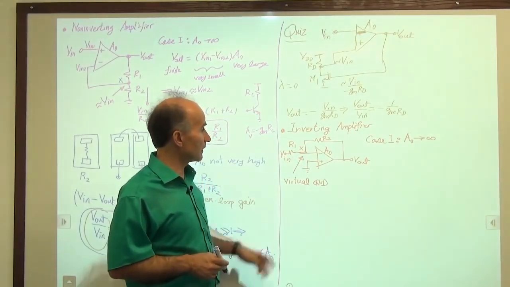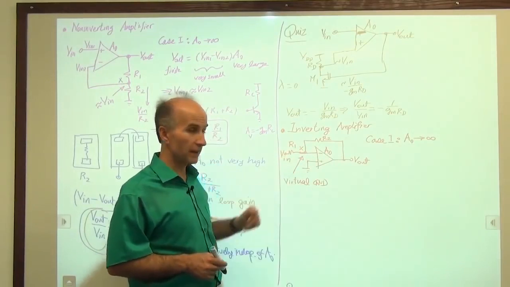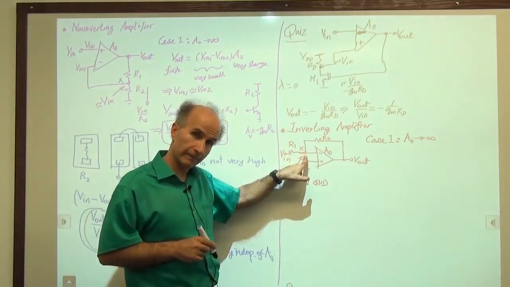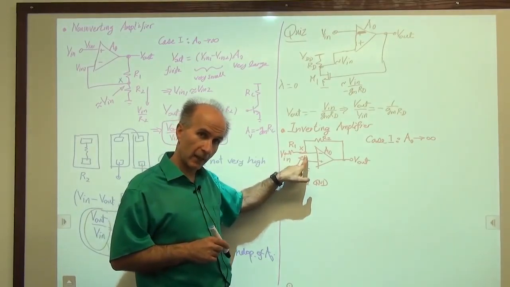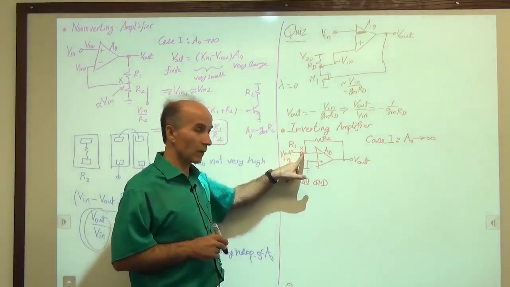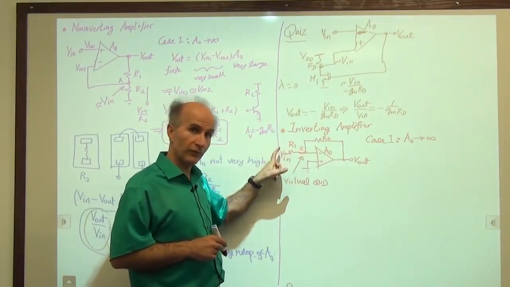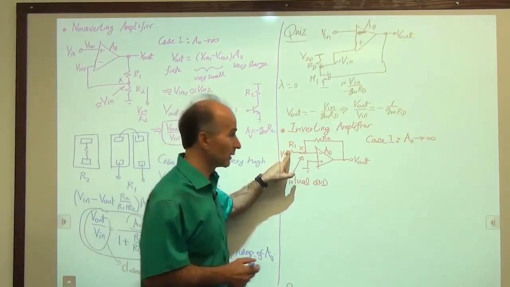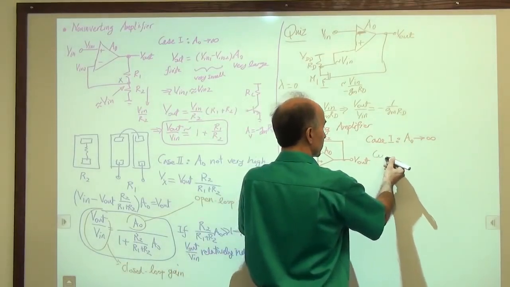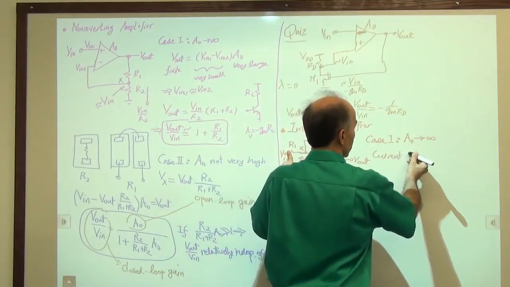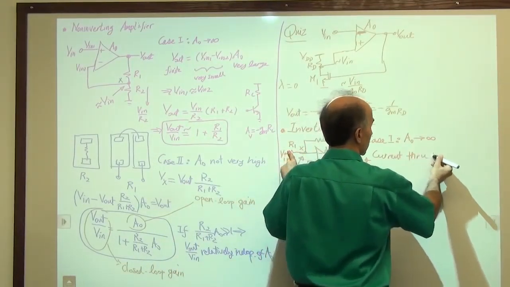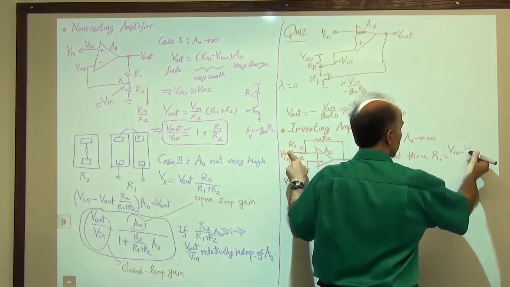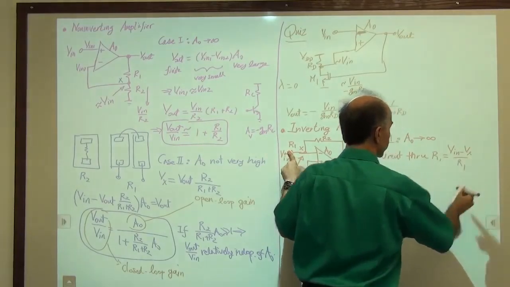Okay, so let's find the voltage gain V out over V in in this case. If X is very, very close to 0, then I can say that the current through R1 is equal to V in minus Vx over R1.